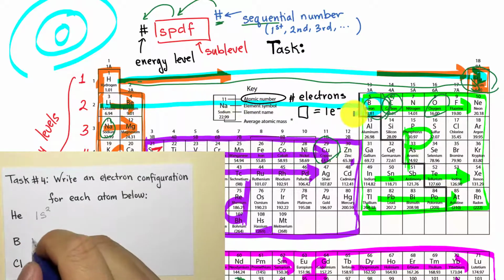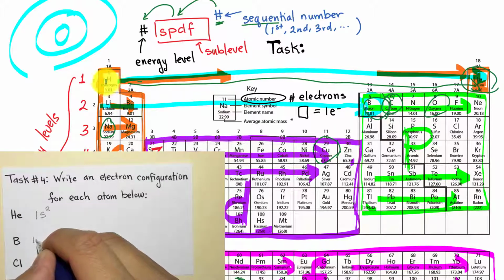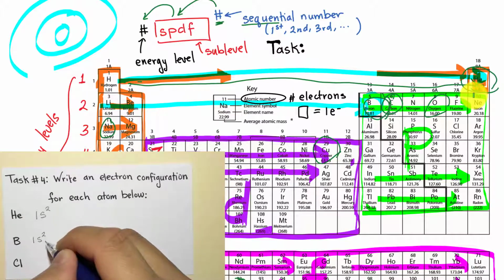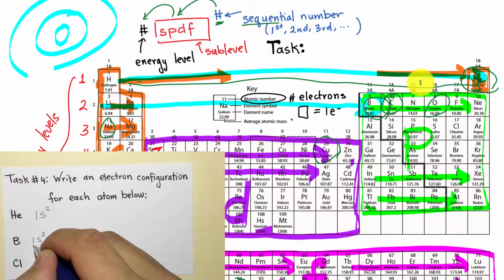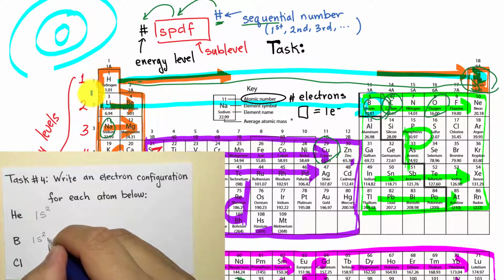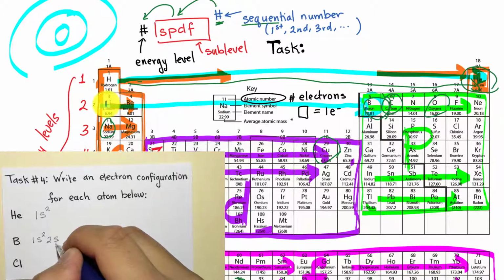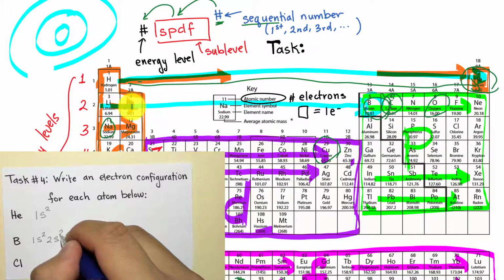So at the very beginning, we have energy level 1, and within energy level 1, we have the sublevel S, and this sublevel S has 2 electrons. Do we have any P sublevel in energy level 1? No. Then we go to energy level 2, and in energy level 2, we have the S sublevel, and within the S sublevel, we have 2 electrons.